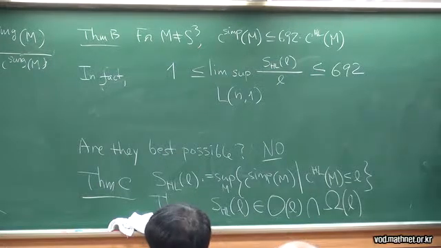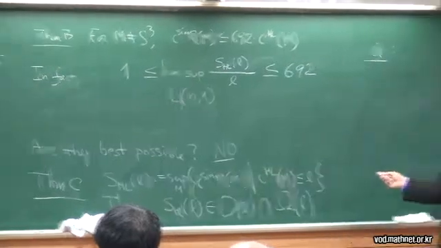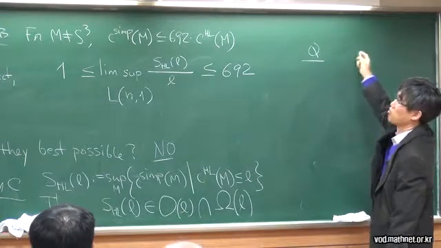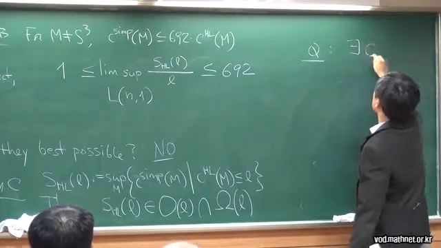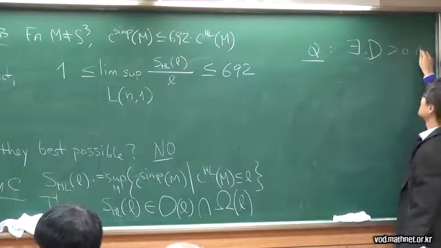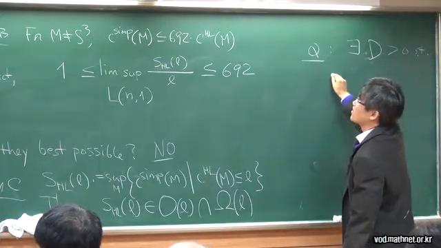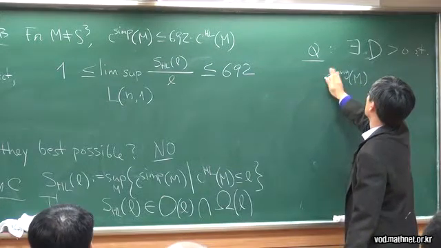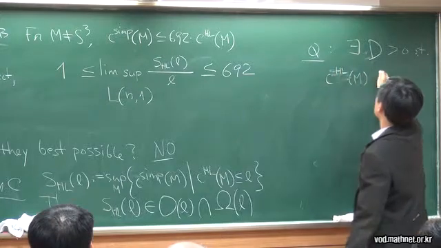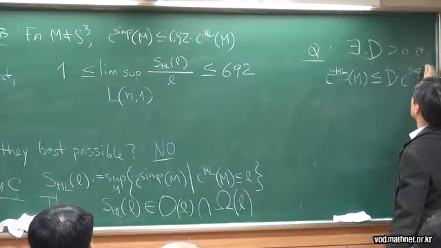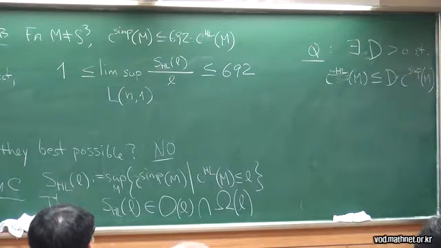So here you didn't fix M, but Theorem A is for any M. The question might be formulated in this way. Is there some constant, because C is used everywhere, let's use D, such that the surgery complexity of M, or similarly the Heegaard-Lickorish complexity, whatever it is, is bounded by D times the simplicial complexity?